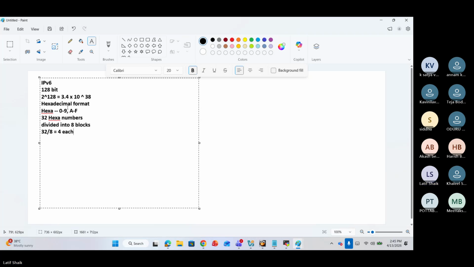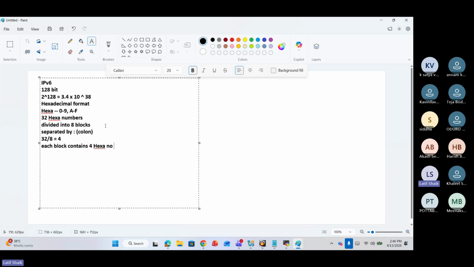Each block contains 4 hexa numbers. So I said total 32 hexa numbers in an IPv6, divided into 8 blocks, and each block contains 4 hexa numbers, right? And they are separated by a colon.